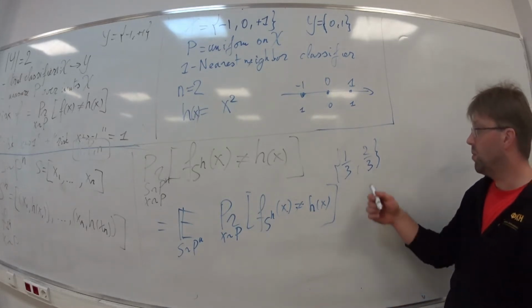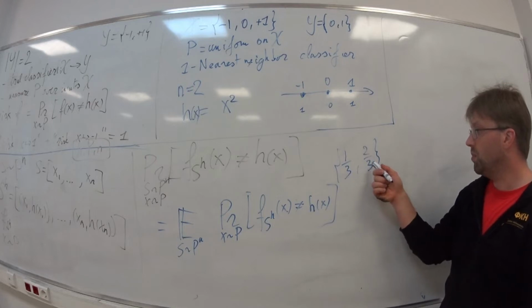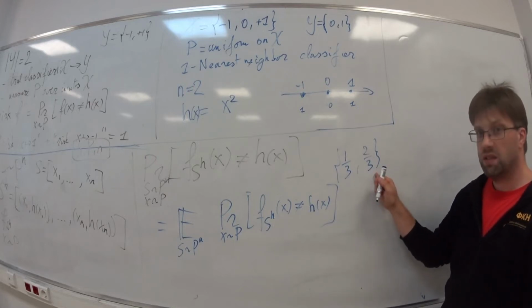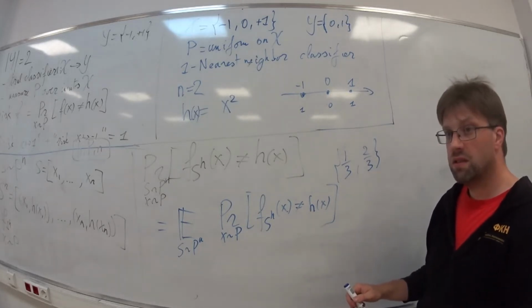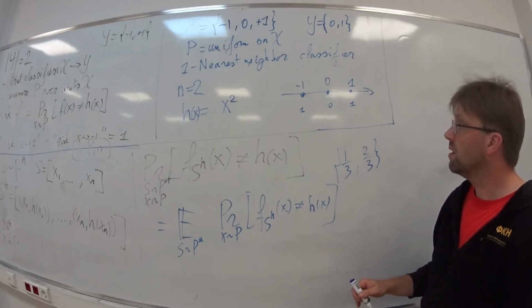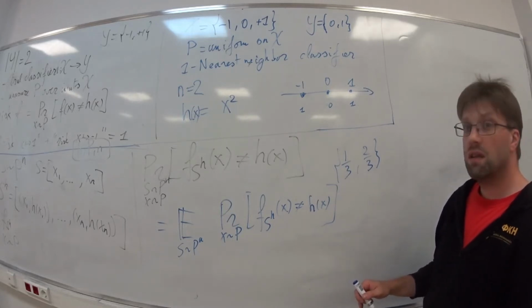And now, where can we make mistakes? There is only one way to make 2 mistakes. So what should S be to have 2 mistakes? Only 0. Yeah.